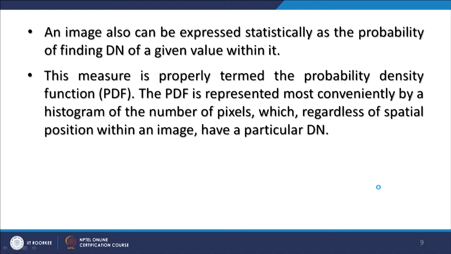This PDF is represented most conveniently by a histogram of the number of pixels, regardless of spatial position within an image, having a particular brightness value, pixel value or digital number.